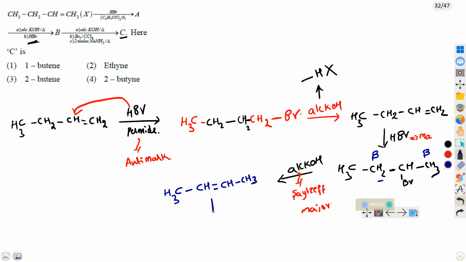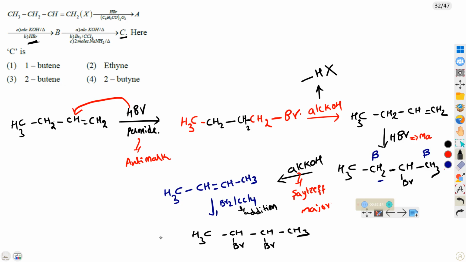Which one reacts with Br2 in CCl4? Br2 in CCl4 favors the addition reaction. Add bromine atoms, then CH3CHBrCHBrCH3.